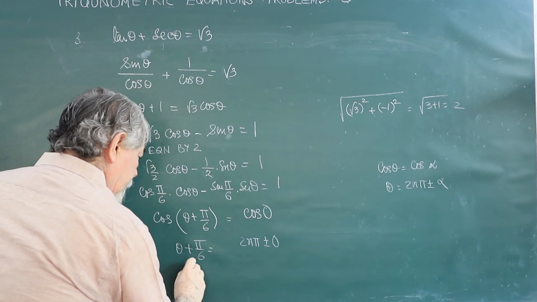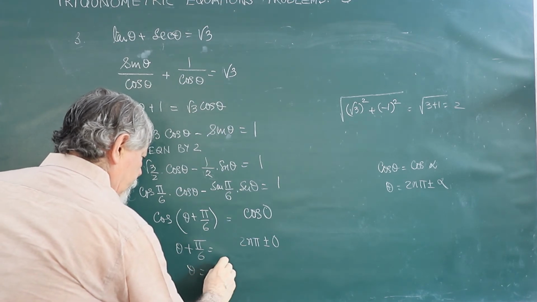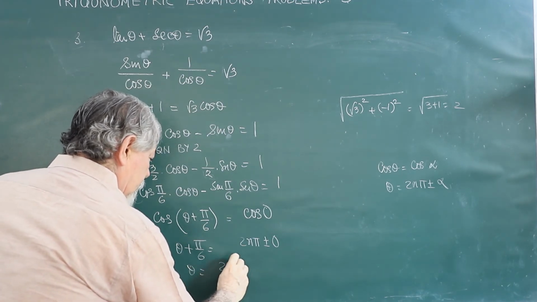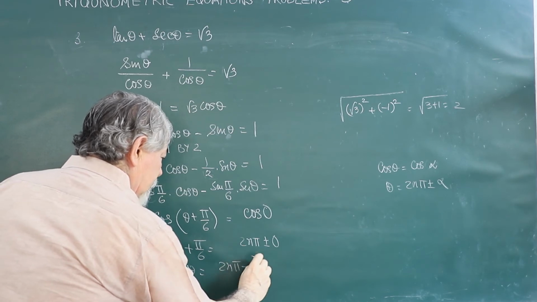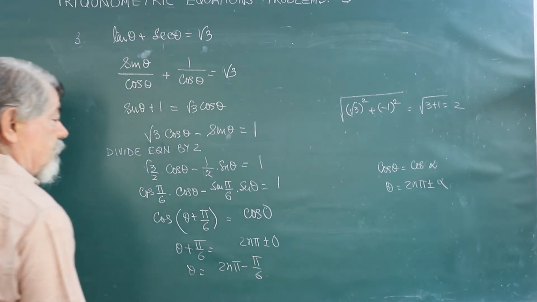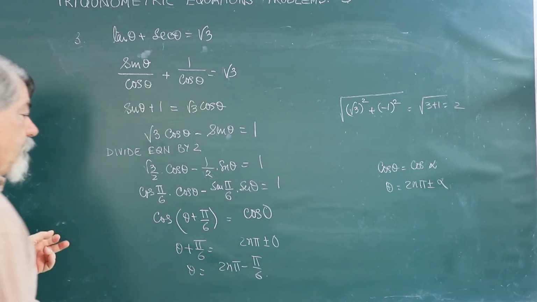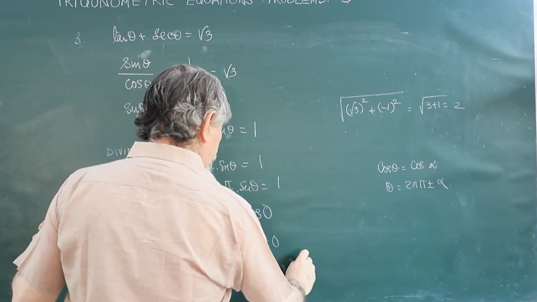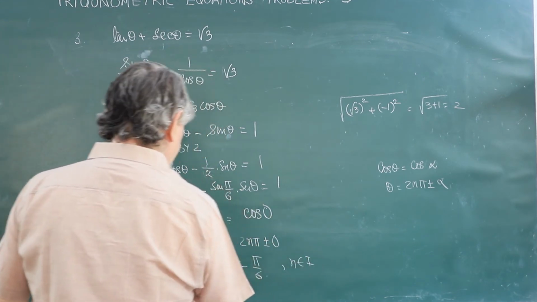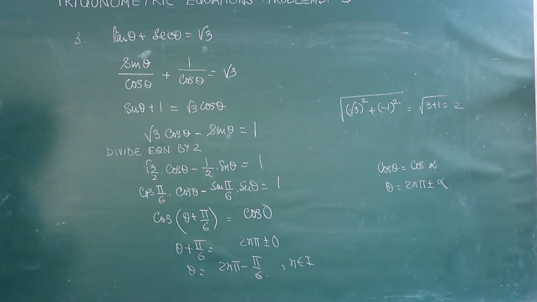So theta will be 2n pi minus pi by 6, n belongs to set of integers.